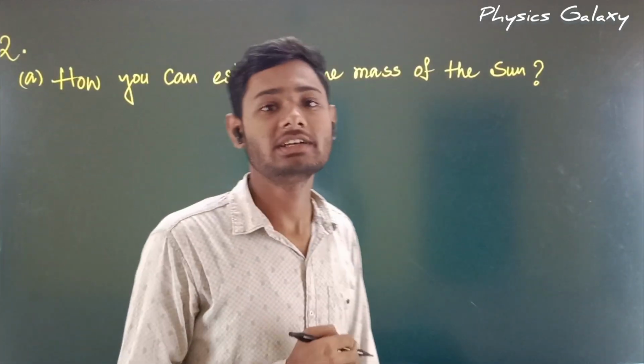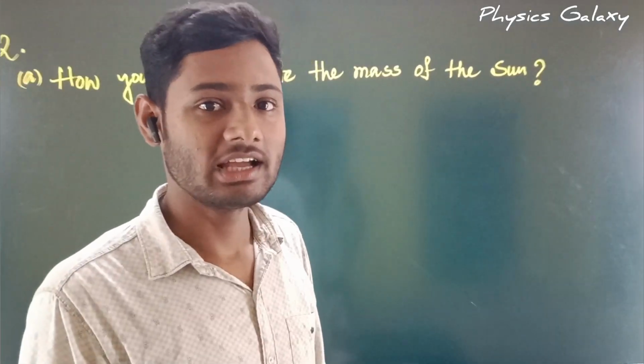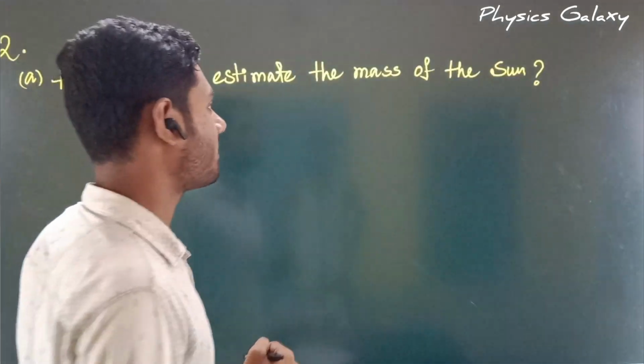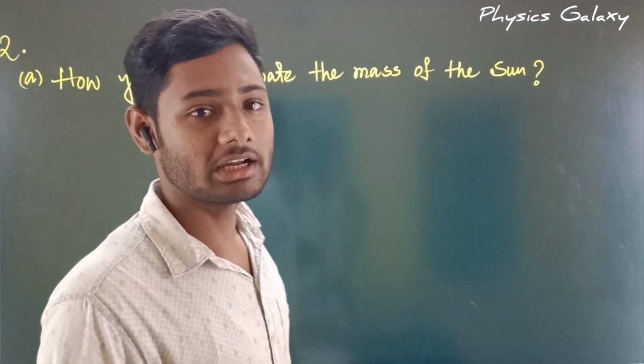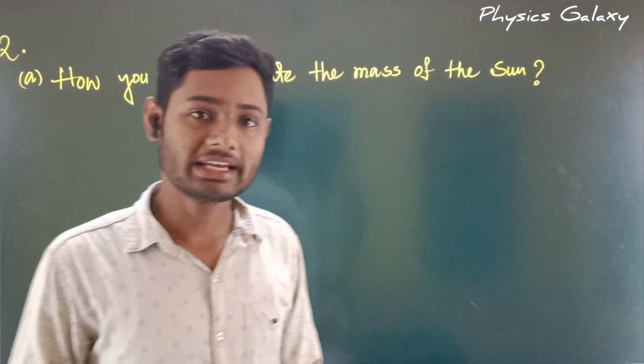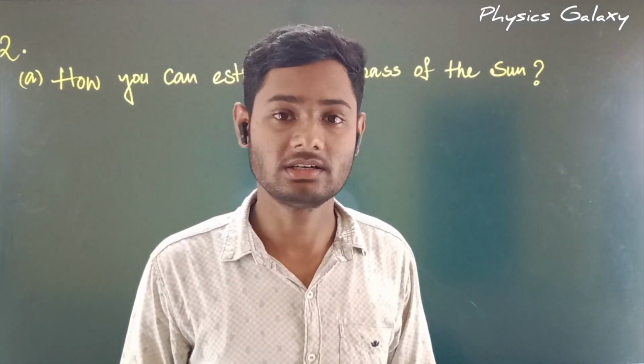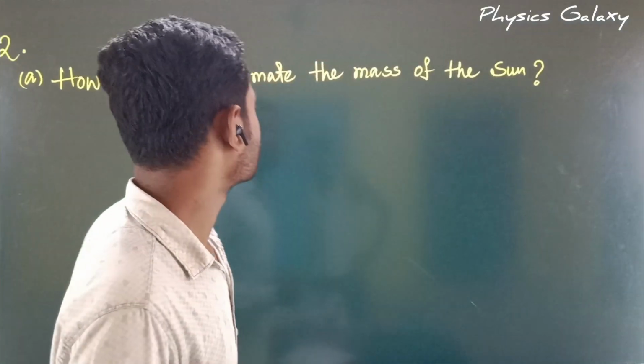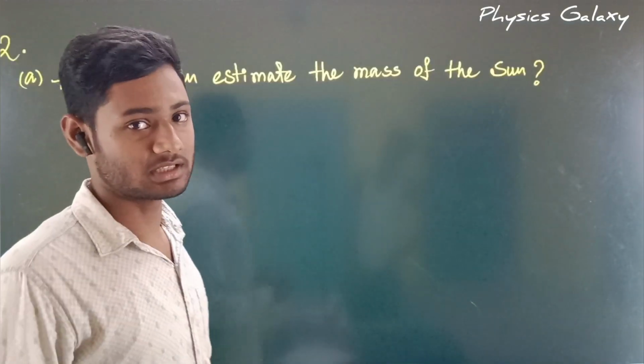Now another professor asked me the next question, and that question was how you can estimate the mass of the sun. I told him that I can use Newton's law of gravitation to estimate the mass of the sun.